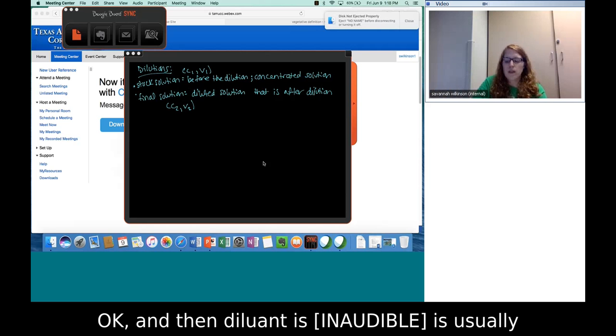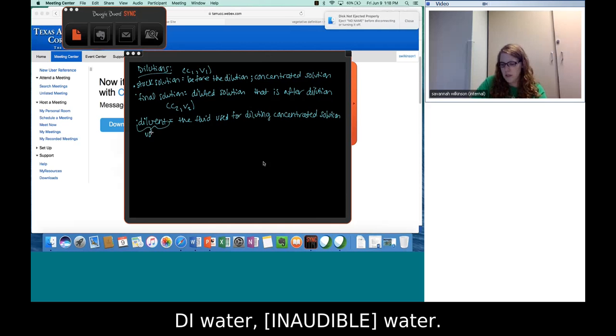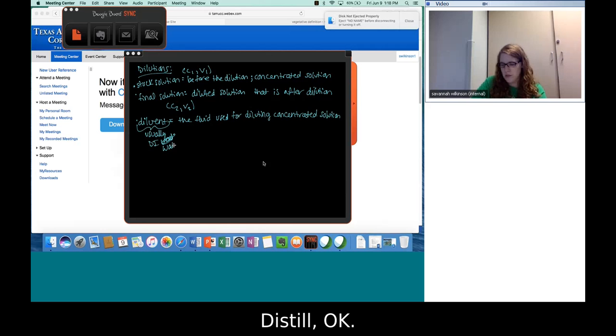Okay, and then diluent is the fluid used for diluting. The diluent is usually DI water, distilled water.